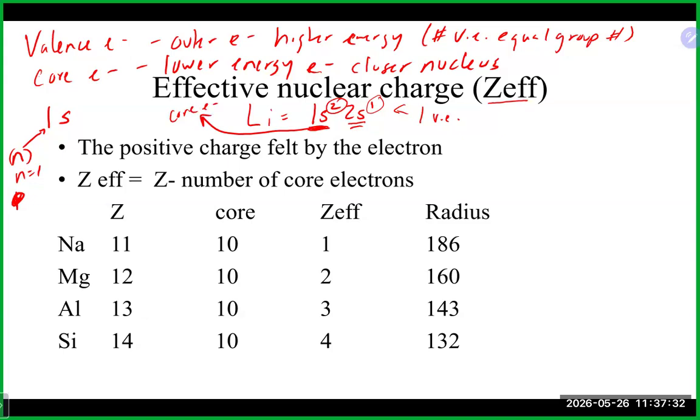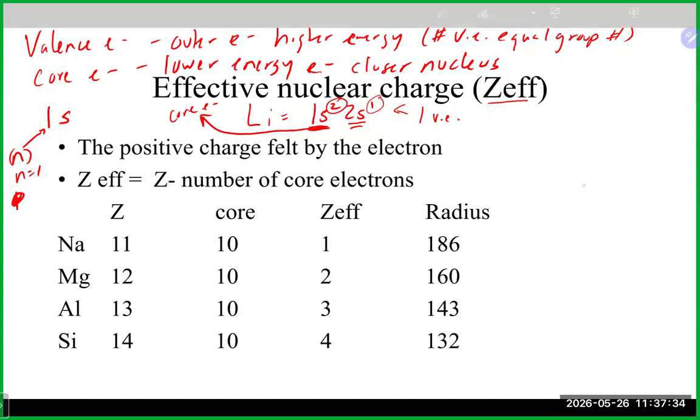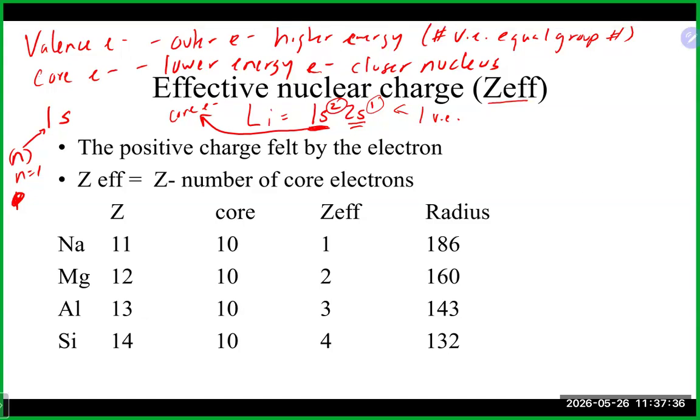So if we look at what's happening with lithium, because it has 3 protons, it will have a positive 3 charge in its nucleus. So this is the nucleus here, and it's going to have a positive 3 charge. Electrons, which are negatively charged, are obviously attracted to a nucleus that has a positive charge.